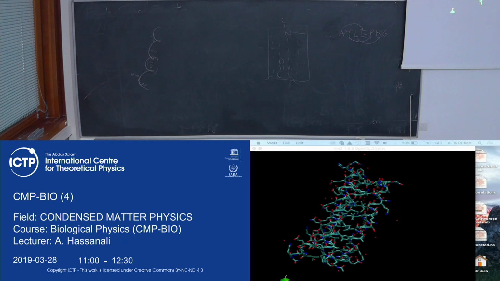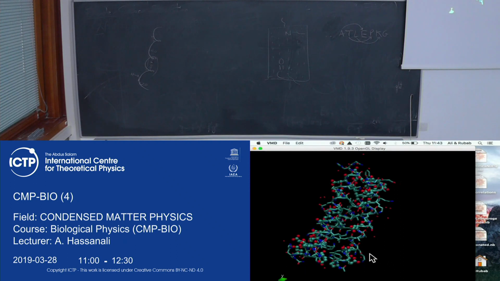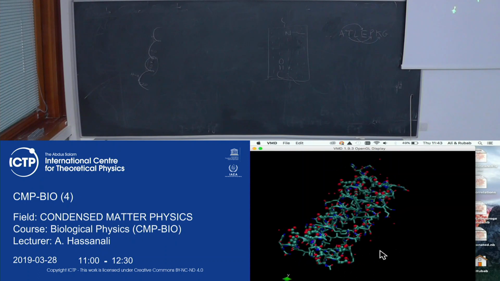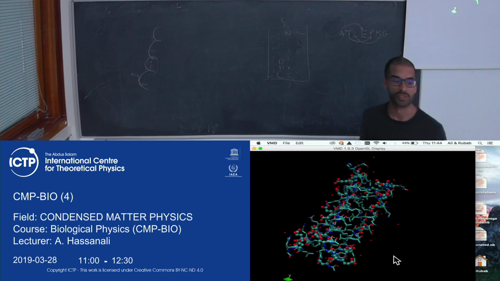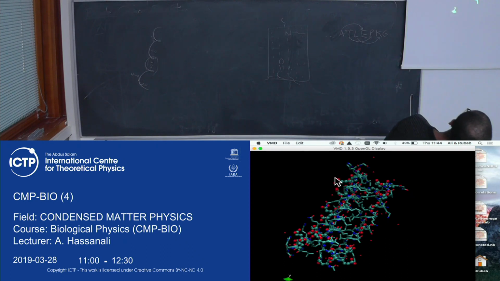So now I have highlighted a side chain which has a negative charge, CO minus.